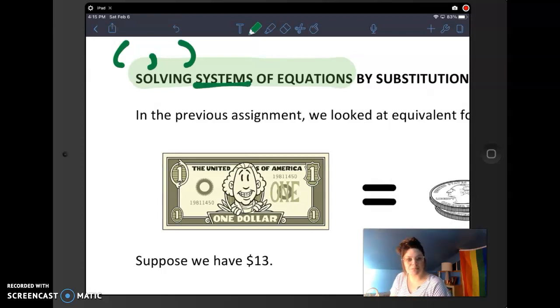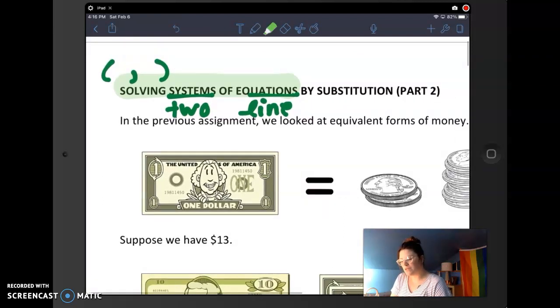Remember, systems of equations means two equations, and the word equations actually means a line for us. So we're still finding where two lines cross, but we're using substitution, which is different than last week. We're not doing it graphically, which is visually. We are doing it with substitution, which means using algebra.